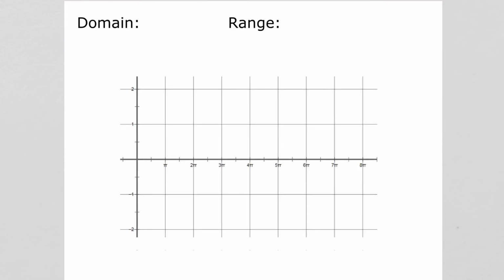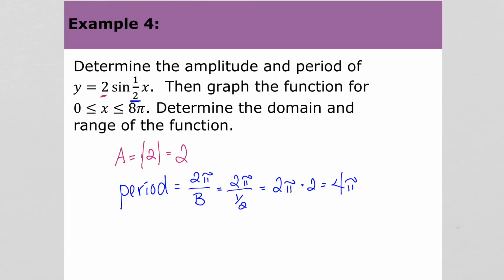Okay, so we're graphing from 0 to 8 pi. What we want to do, in order to graph this, the easiest thing to do is to find 5 key points. Our 5 key points are found by using the period over 4.